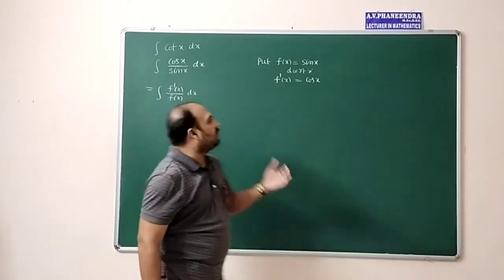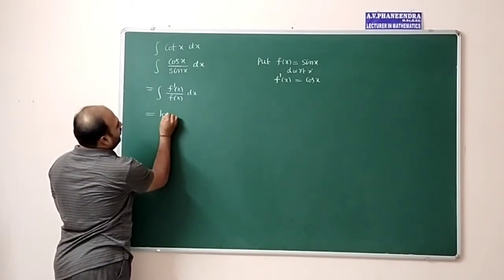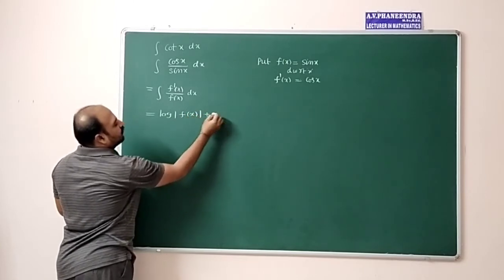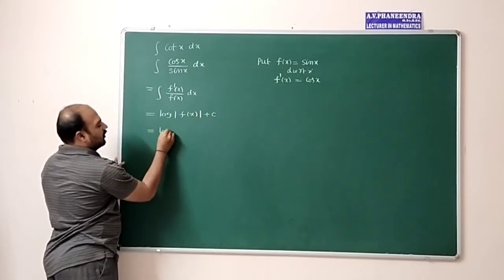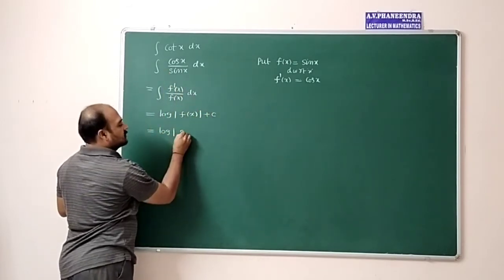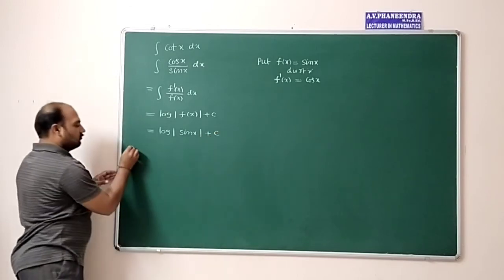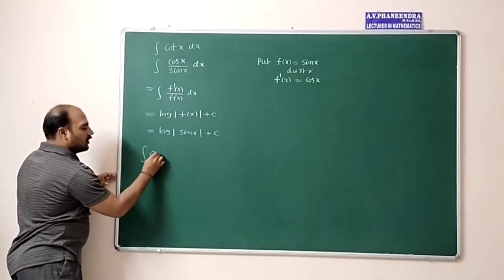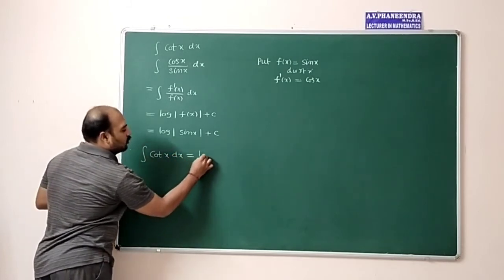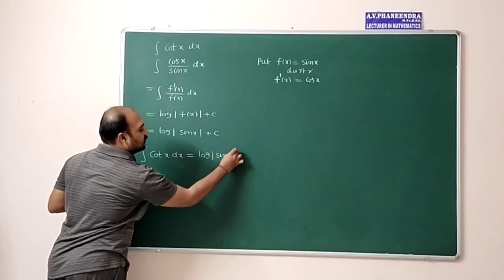So for integral f dash of x by f of x dx, we have the formula log mod f of x plus c, which is equal to log mod sin x plus c, since f of x is what we assumed here, sin x. Therefore, integral cot x dx is equal to log mod sin x plus c.